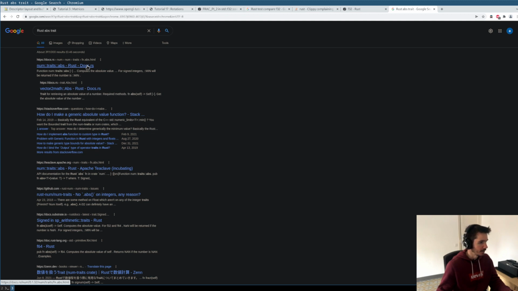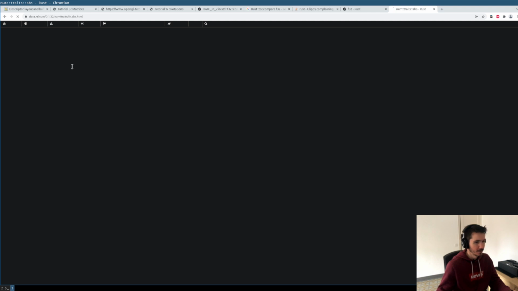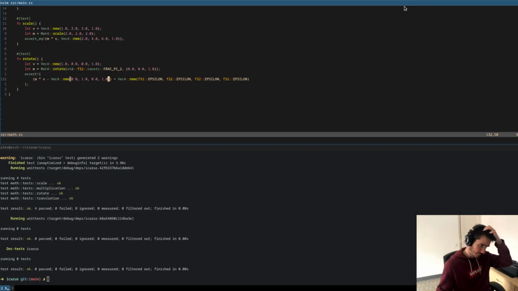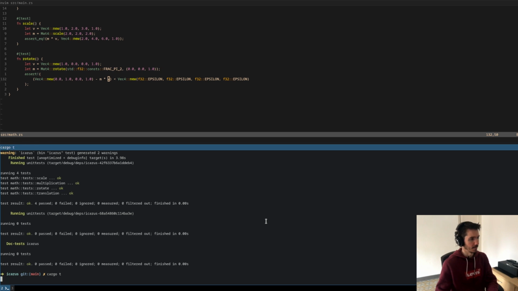We do, but it's on a separate crate, not on the standard library. So let's not do that. What happens if I move this to here? Will it fail? Yeah, probably it will.